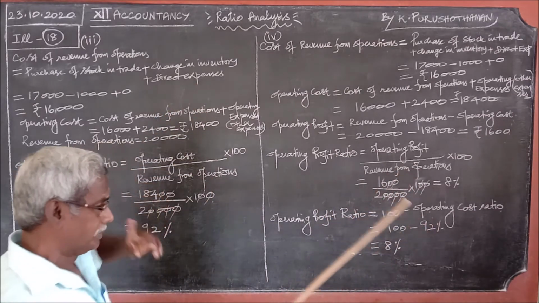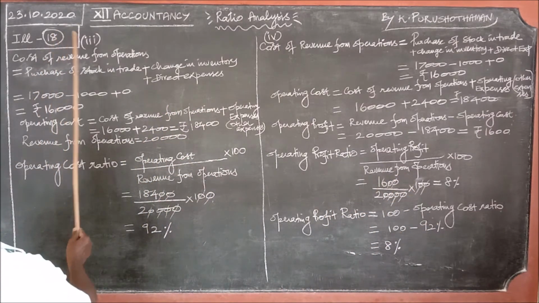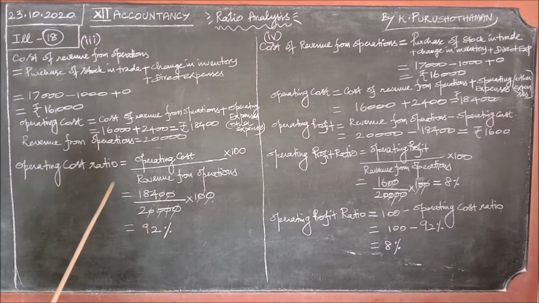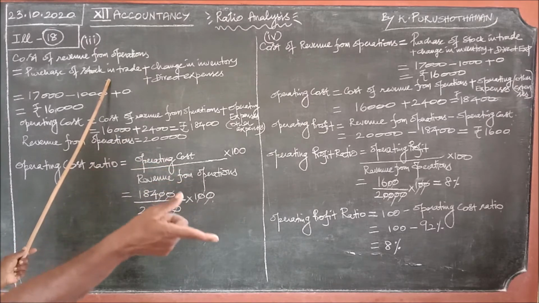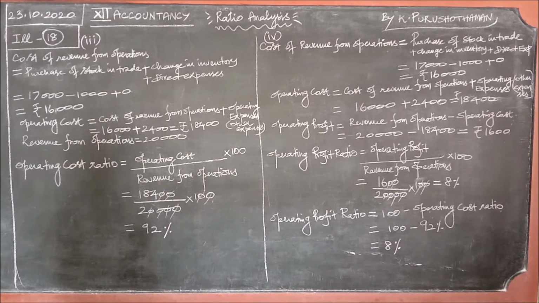Another thing regarding the cost of revenue from operations. This cost of revenue from operations we have found out already for the gross profit ratio also. Once you are asked to find the gross profit ratio, net profit ratio, operating cost ratio, operating profit ratio, if you find the cost of revenue from operations for gross profit ratio, because that is gross profit by revenue from operations.